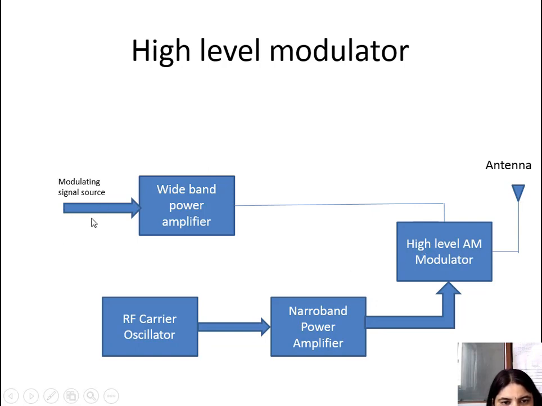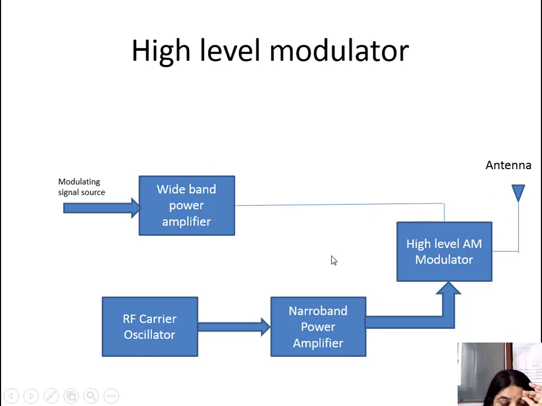The wideband power amplifier amplifies the modulating signal, and another power amplifier amplifies the RF carrier signal. After amplification of both signals, they are given to the AM modulator, which produces the high level signal. It is then transmitted by the antenna.